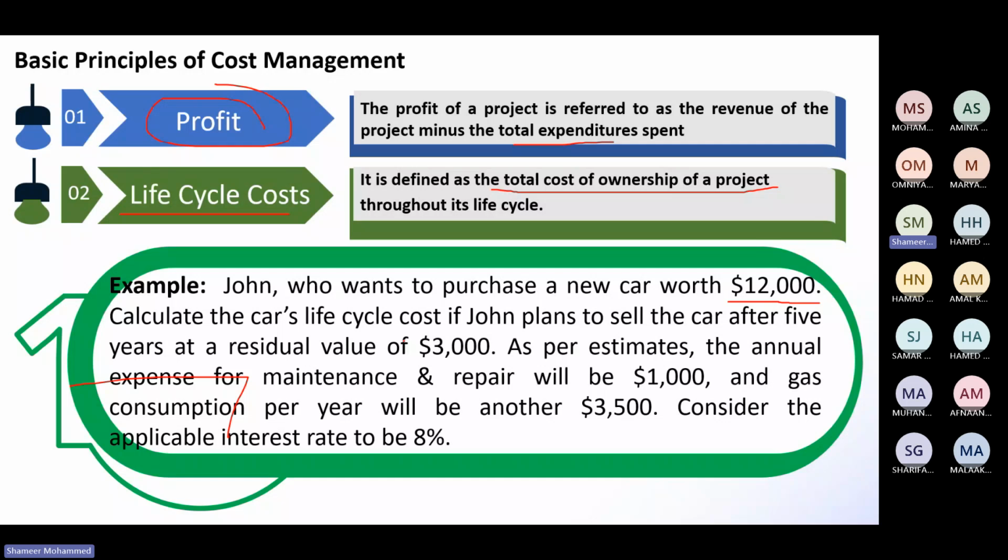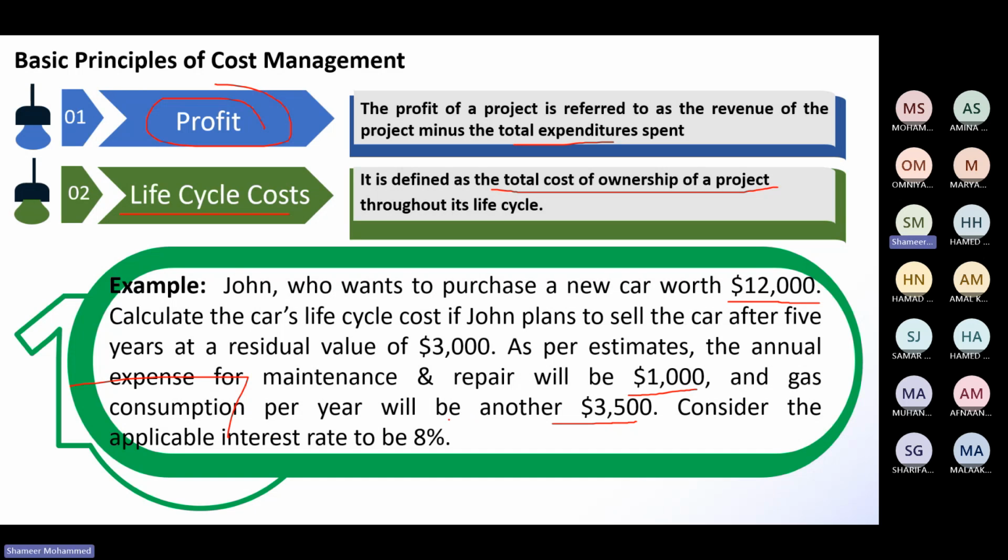You may get 8,000 or $9,000 when you sell after some years, 5 years. As per the estimates, the annual expense of car maintenance is $1,000 for repairing and maintenance, and for buying gas, yearly $3,500. Now consider the rate of interest, riba, is 8%.